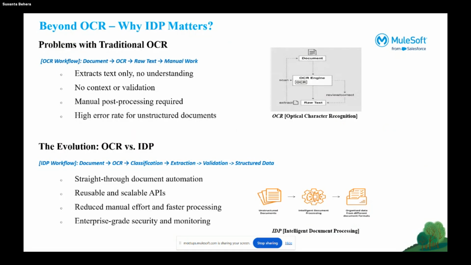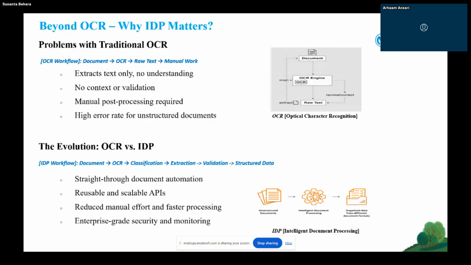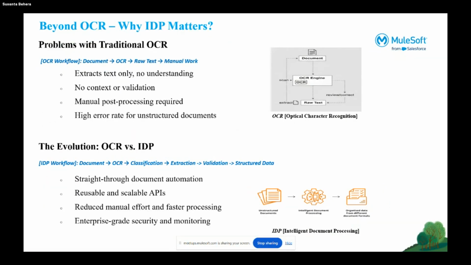So why does IDP come to the picture and why does IDP matter to our enterprise integrations? Some organizations' projects are using traditional OCR, so what is the implementation over IDP?